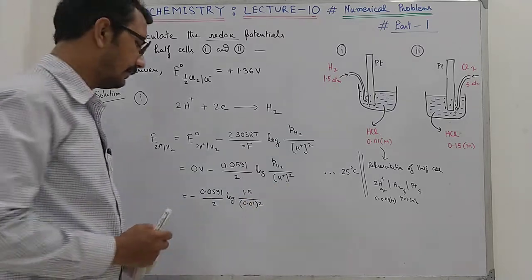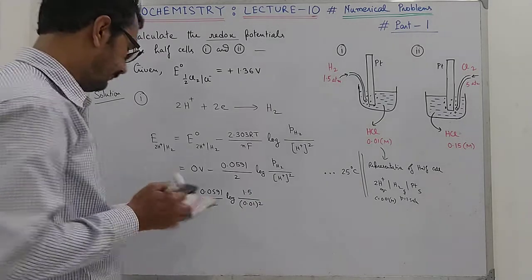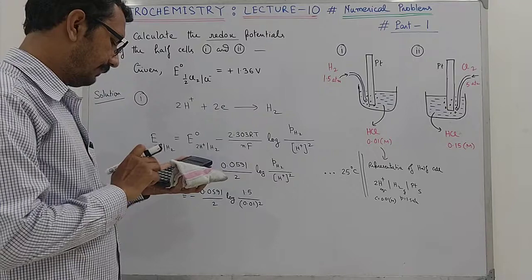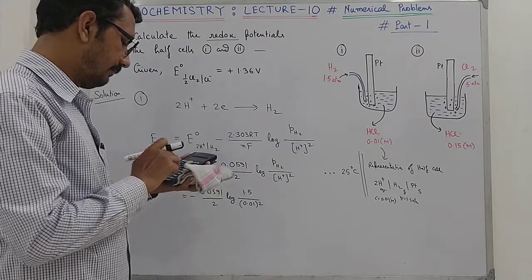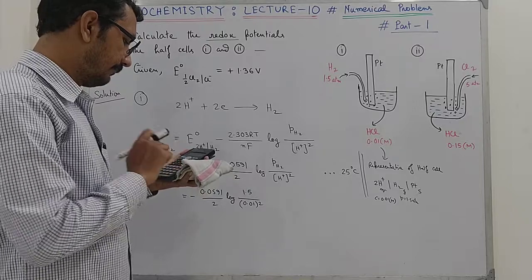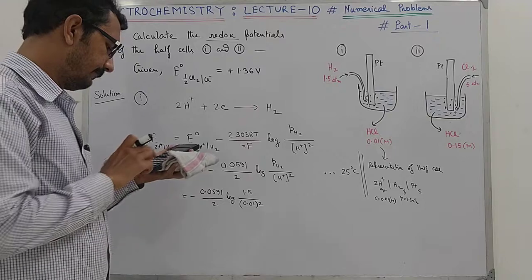Now we need a calculator. So it will be 1.5 divided by 0.01 squared, and we have to take the logarithm of it.